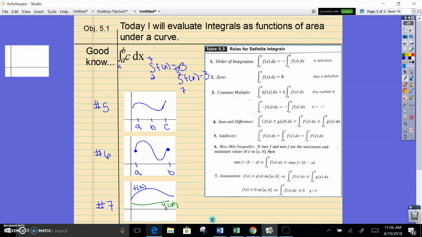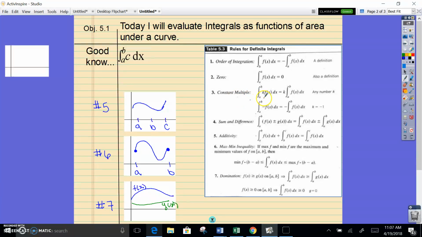If it were negative 3 to begin with, then it becomes positive. So basically it becomes the opposite of what the answer used to be. So that's what that one means. You guys probably already intuitively saw the second one, where if you take the integral from a to a, which means the boundary isn't changing, so you're not really moving anywhere, the answer is going to be 0.